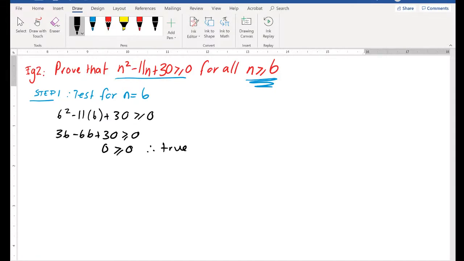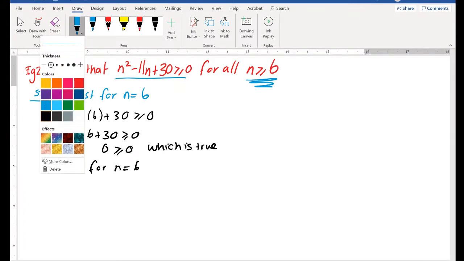Well, normally I'll say here, therefore, not therefore, which is true. Therefore, true for n equals 6. Easy. Step 2.